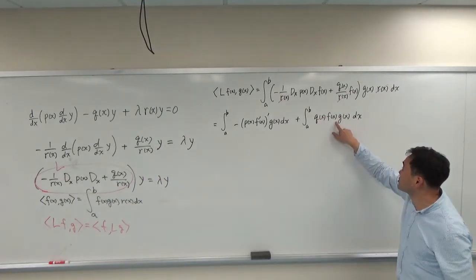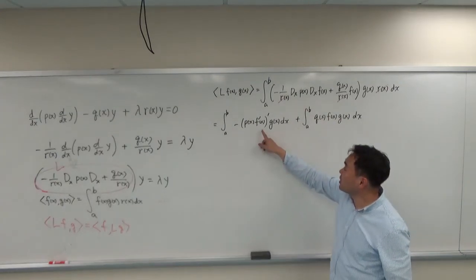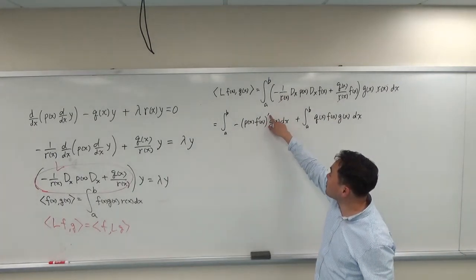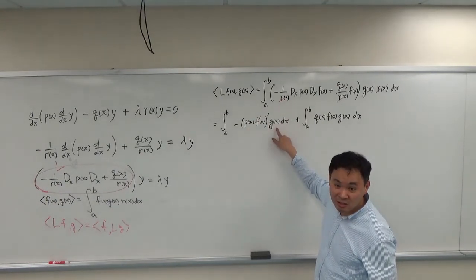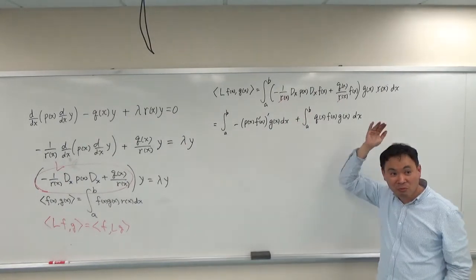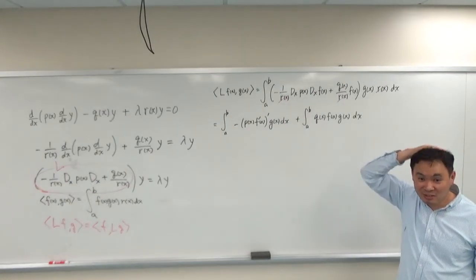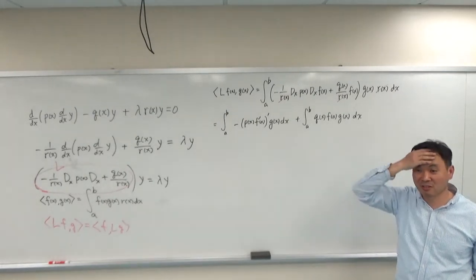So q(x) can go here, so that's not a problem. But here, I somehow have to move the prime and the multiplication and the prime over to g. I have to move these to the other side. What allows you to do that? How can you move the derivative of one side to the other one?